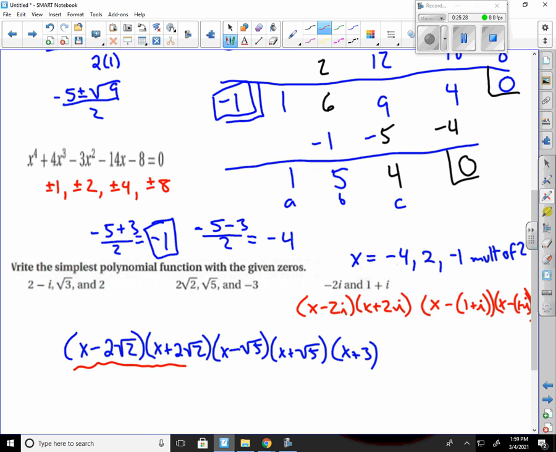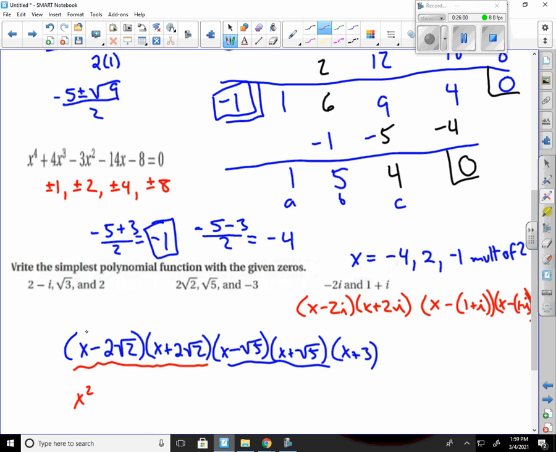Now the trick to these is to make sure that you're multiplying the pairs together first. Whenever you do that, this first one, if I do x times x, that gives me x squared. If I do 2 root 2 times x, it gives me just that. If I look at the inside, it's going to be minus that same thing, so they're going to cancel each other out.